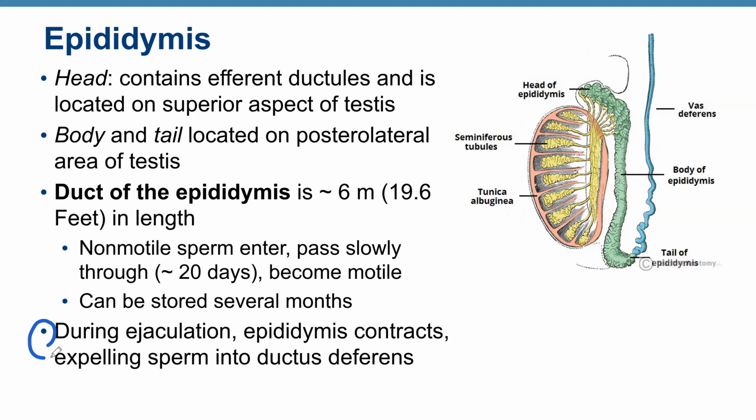During ejaculation, the epididymis contracts, expelling sperm into the ductus deferens. So the epididymis is shown here in green, and then the ductus deferens, or the old name, vas deferens, is shown here in blue color.